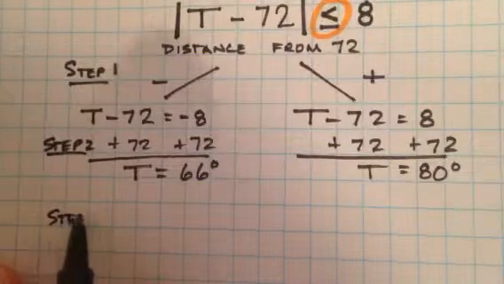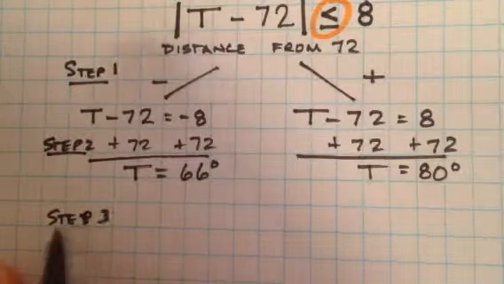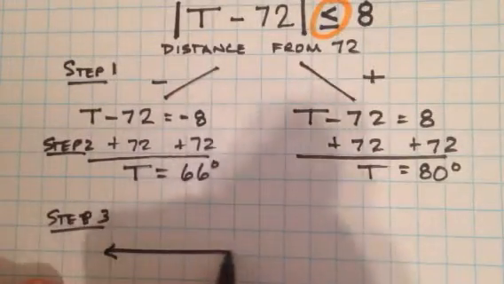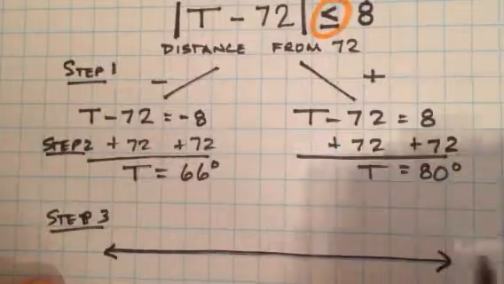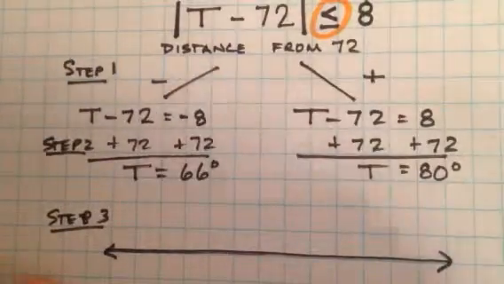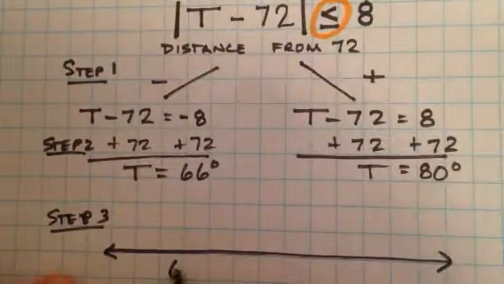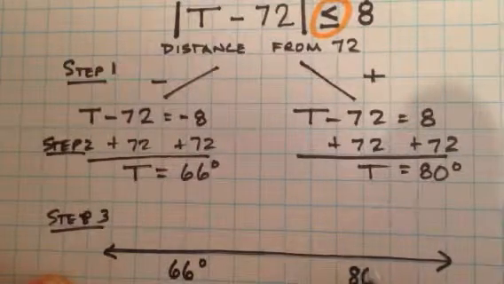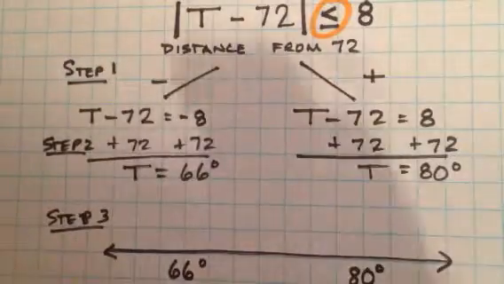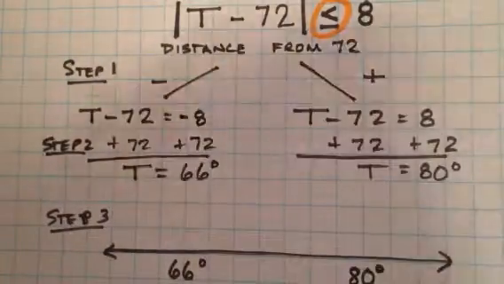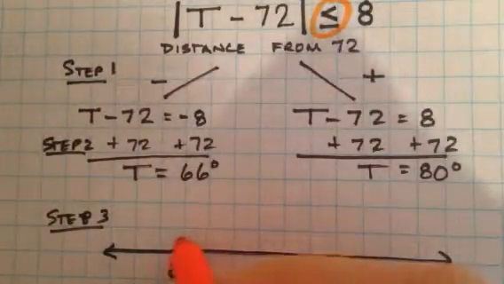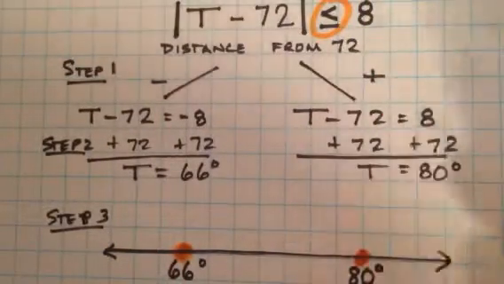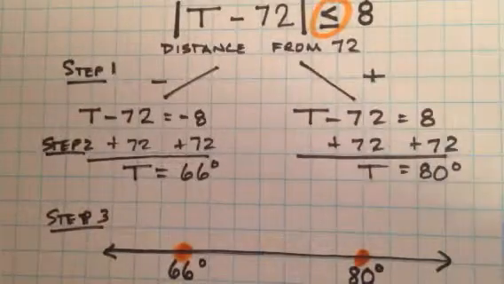Step 3 is we're going to graph the set of possible solutions to this inequality up here. And so let's start with 66 right here, 80 degrees right here. 66 is a perfectly good temperature, it's included. 80 is a perfectly good temperature, it's included.